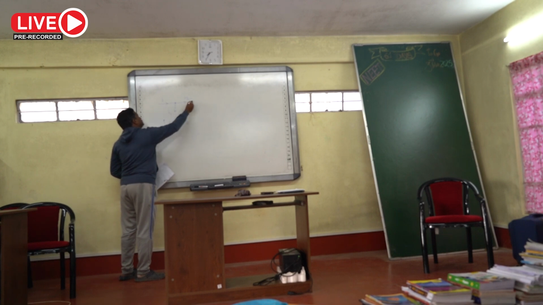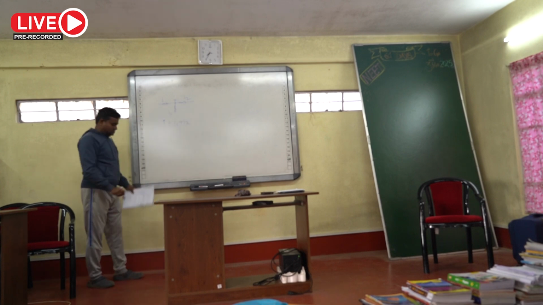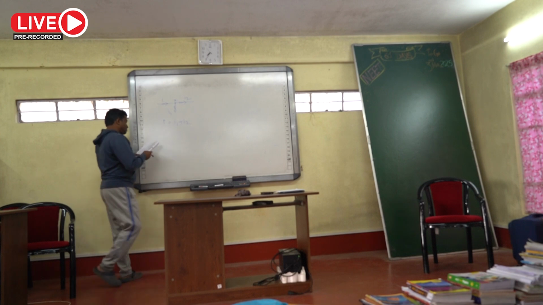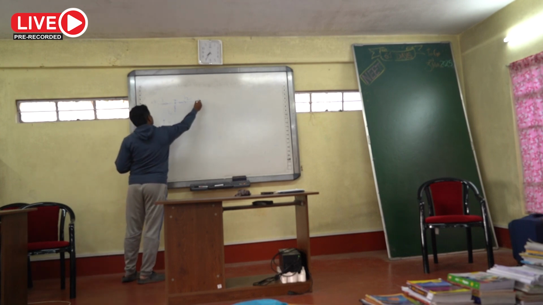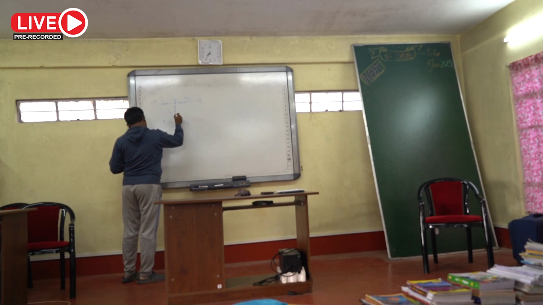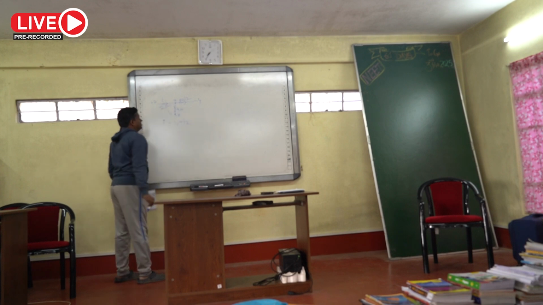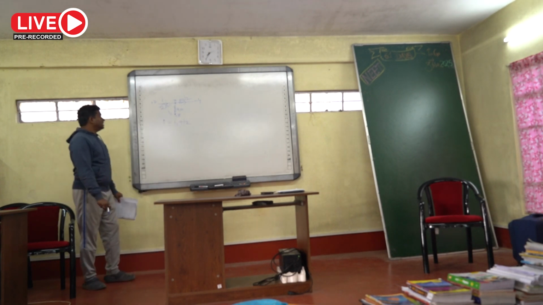I consider voltage at this junction as X, and it is given +2, -4. This one is given -8. This one is 4 ohm, 8 ohm, and this one is 2 ohm. Okay.